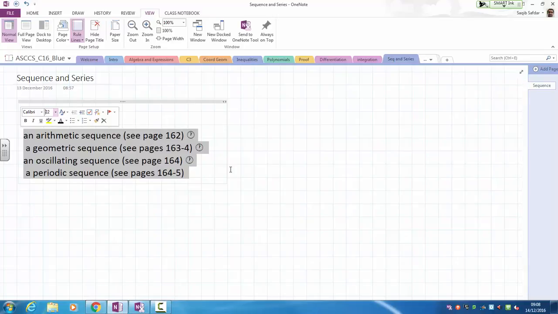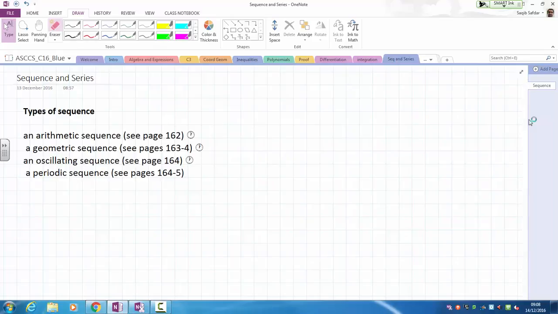Now, an arithmetic sequence is a sequence where you have a constant term being applied. Say we've got something like 3, 5, 7, 9.